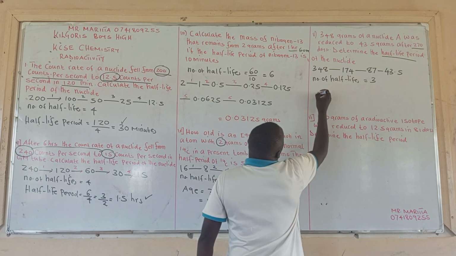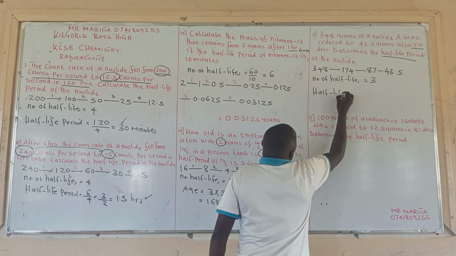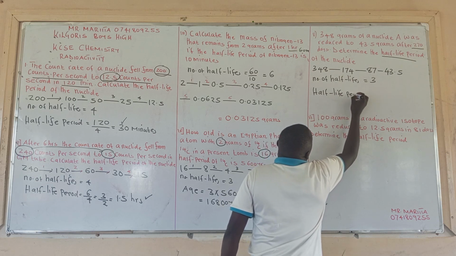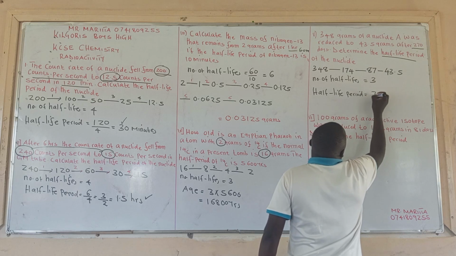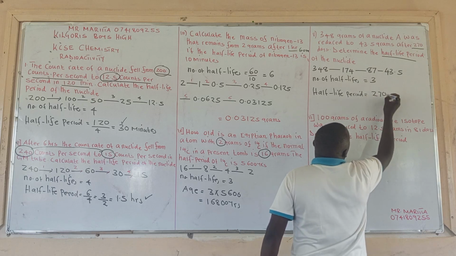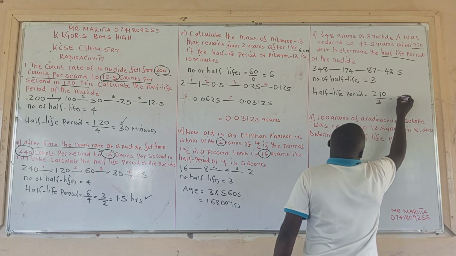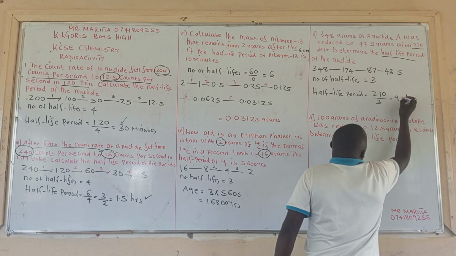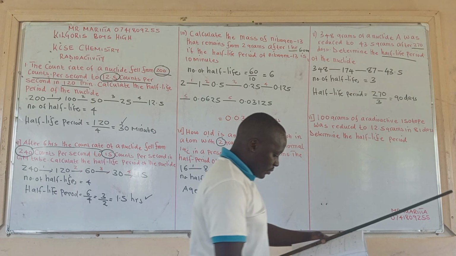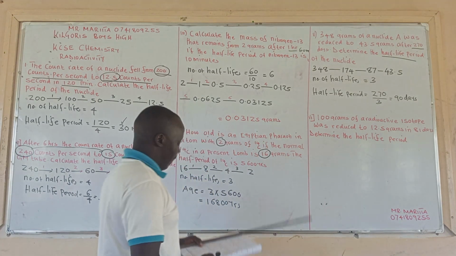So the half-life period is equivalent to the number of days, 270, divided by the number of half-lives, and this one is giving us 90 days.